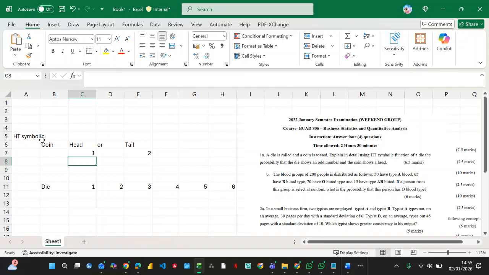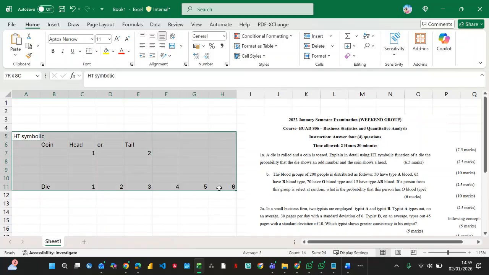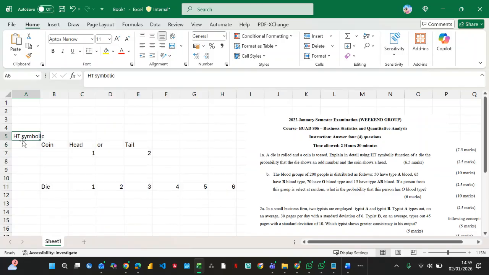For a coin, there are just two outcomes: one and two. So this is for a die and this is for a coin. This is just the representation of what it means. You understand? That's what it means.